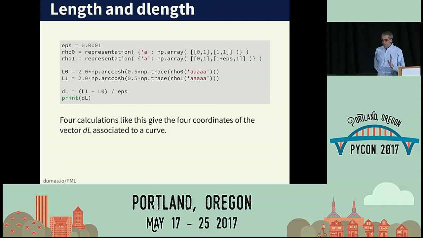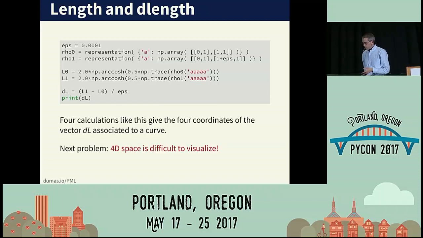Okay, maybe I'll summarize this next part just by saying that once you can calculate the length associated with a curve, you can calculate the differential of length associated with a change in tiling just by taking differences. Okay, so what do you get out of this? You get a big list of 4-dimensional vectors associated with all of those simple closed curves.